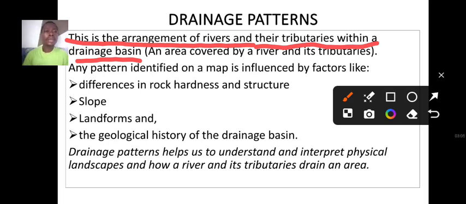Drainage patterns help us to understand and interpret physical landscapes and how a river and its tributaries drain an area. So that is all about drainage patterns. Let's continue.